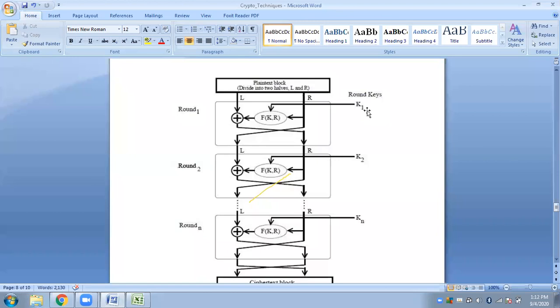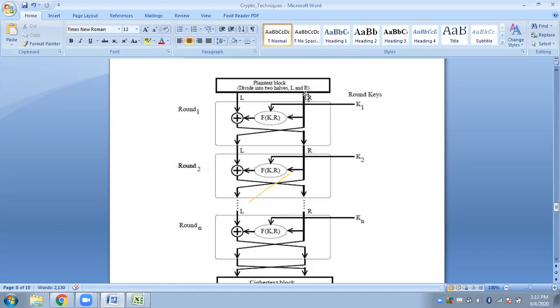The number of rounds depends on the algorithm, and for every round we will be using one unique key, each generated from the master key, the original key. So these are just the sub keys of the original key.